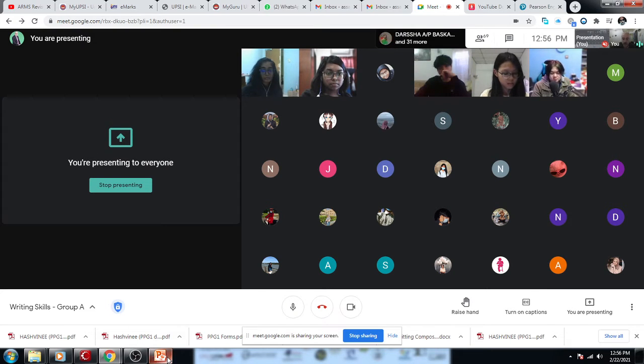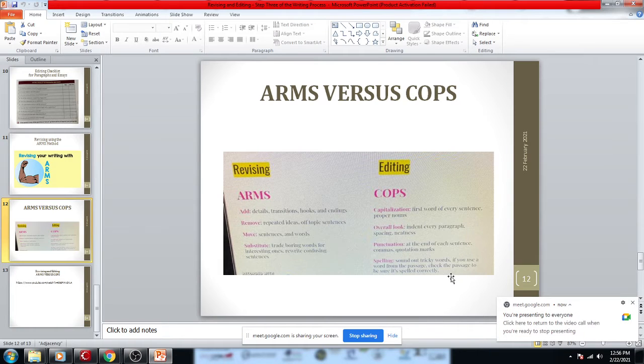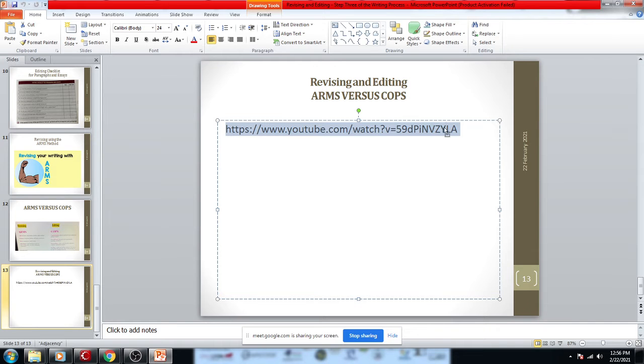Make sure you are familiar with these punctuation marks to use them correctly. And the spelling. This is another mnemonic or acronym to help you remember what to look for when you go through the micro process of editing: capitalization, overall look, where you look for the indentation, spacing, neatness, and so on. We're going now to watch a video about COPS.